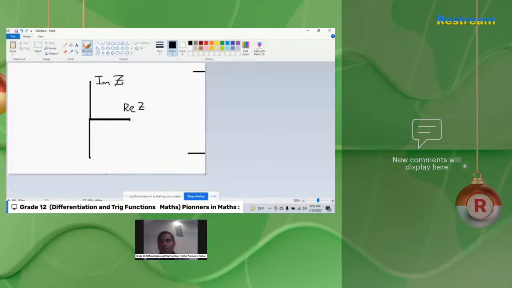Therefore, you look at the sign of the imaginary part. If it is positive, the angle is pi over 2, or 90 degrees. If it is negative, it's negative pi over 2, or also 3 pi over 2. This point is the 0.